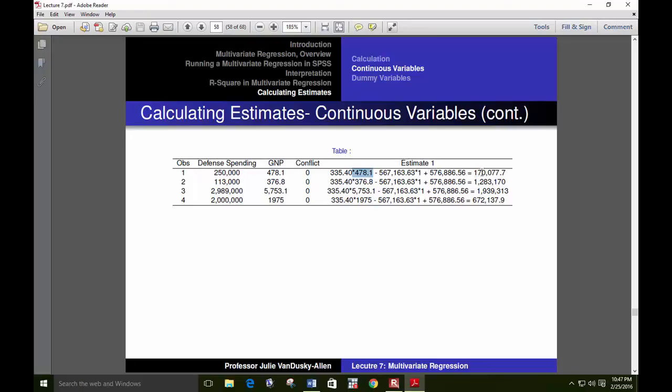And the answer is 170,077.7. For observation 2, GNP was 376.8. So I get 335.40 times 376.8 minus 576,163.63 times 1 plus 576,886.56. And the answer is 1283170. And I would continue doing this for each observation.